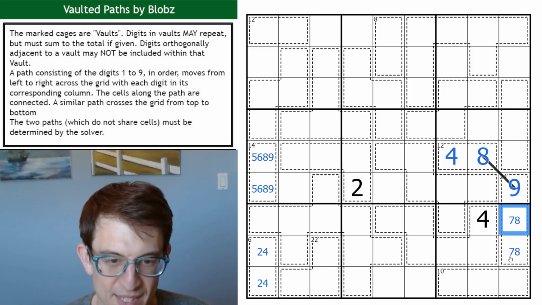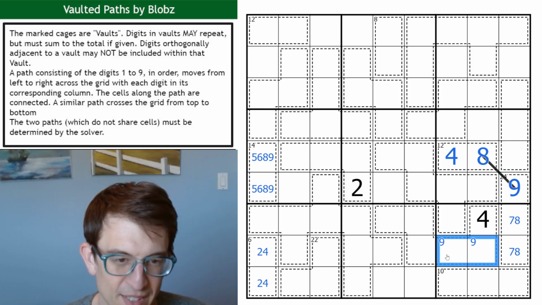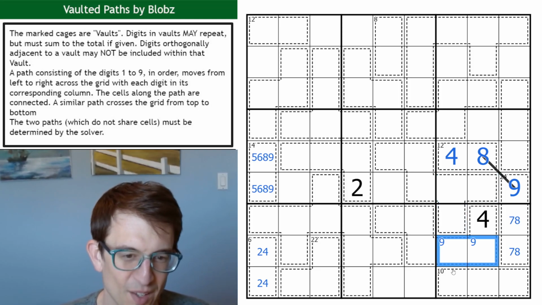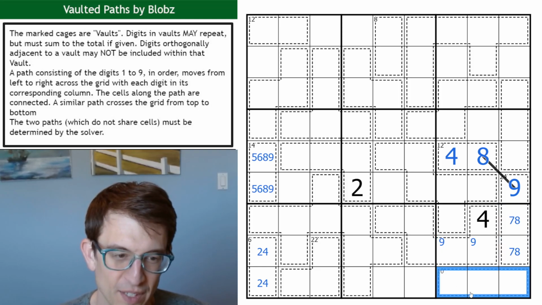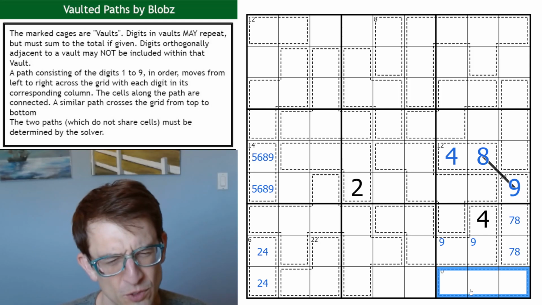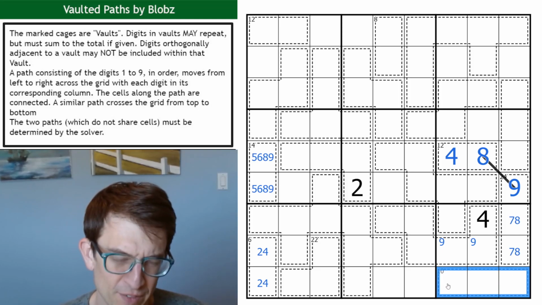Then 9 is not in the 10 cage, and it's not in this cage. So we get 9 here, and that takes 7 out of this cage as well. So now we're down to only 2 choices, because no 4 and no 7. So that leaves 1, 3, 6 or 2, 3, 5. Did I miss anything? 1, 2, 7 is gone. 1, 3, 6. 1, 4, 5 is gone. 2, 3, 5.